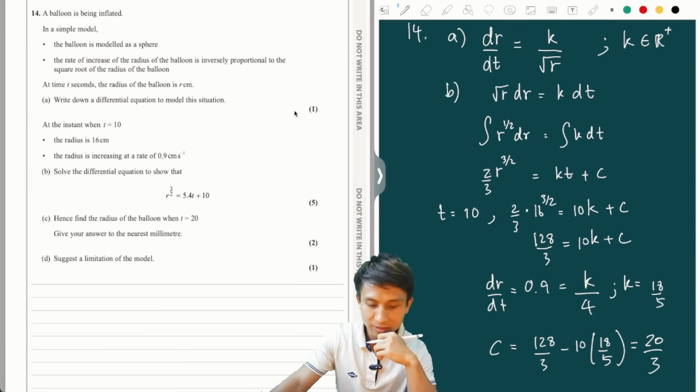Okay, that's kind of realistic. But this is telling you that the balloon gets bigger and bigger forever, right? Probably that is something that is not quite true.